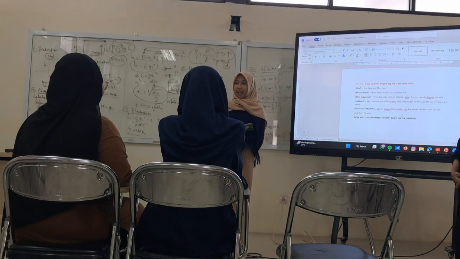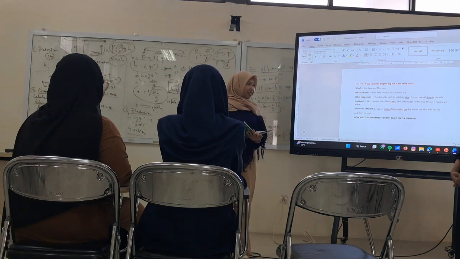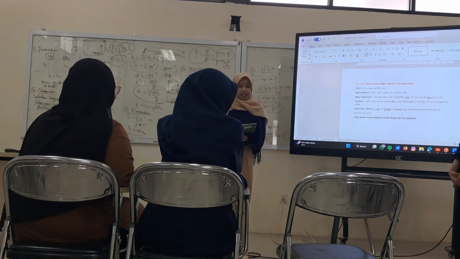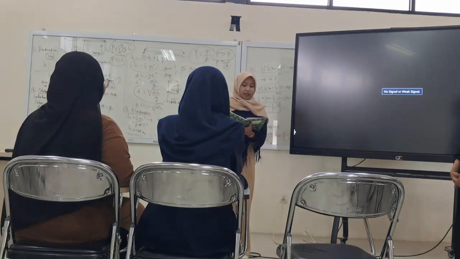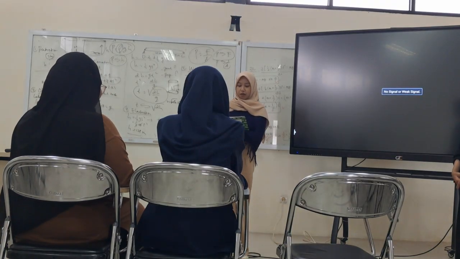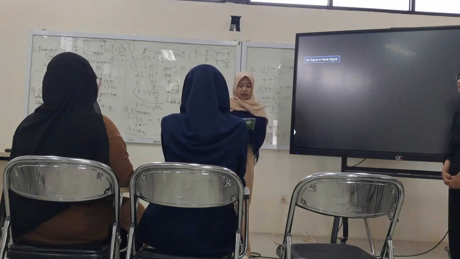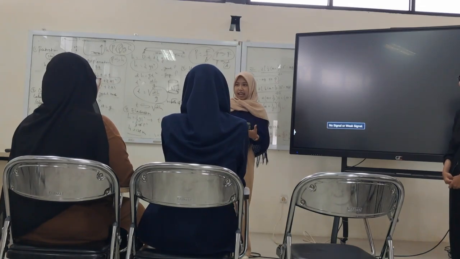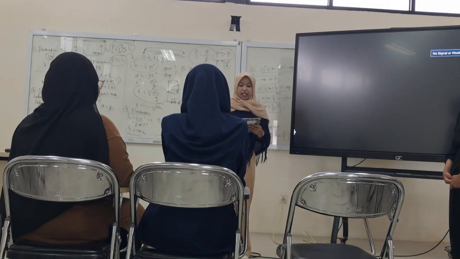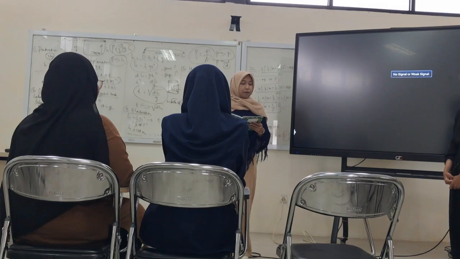For the narrative text that we discussed together: on a summer day, in Mr. James' house, he lived with two animals. There were the diligent dog and the lazy cat. One day, the lazy cat was still sleeping on the sofa, and the dog woke up early every day and always helped Mr. James.